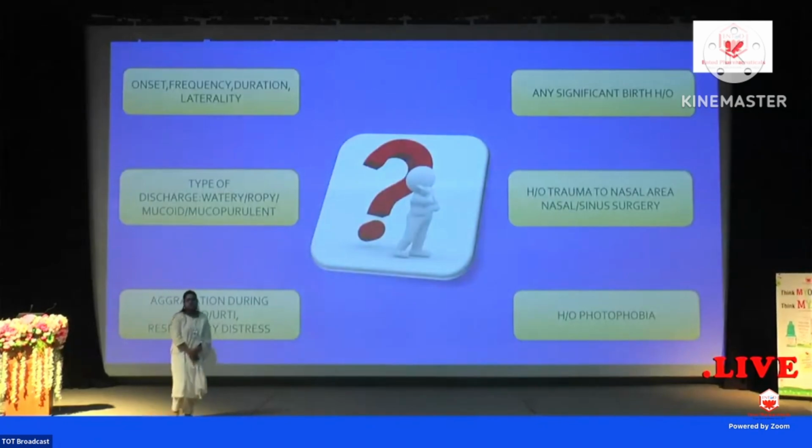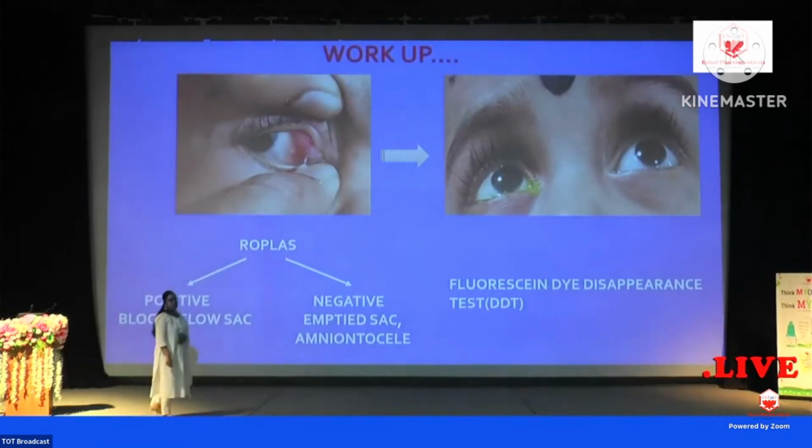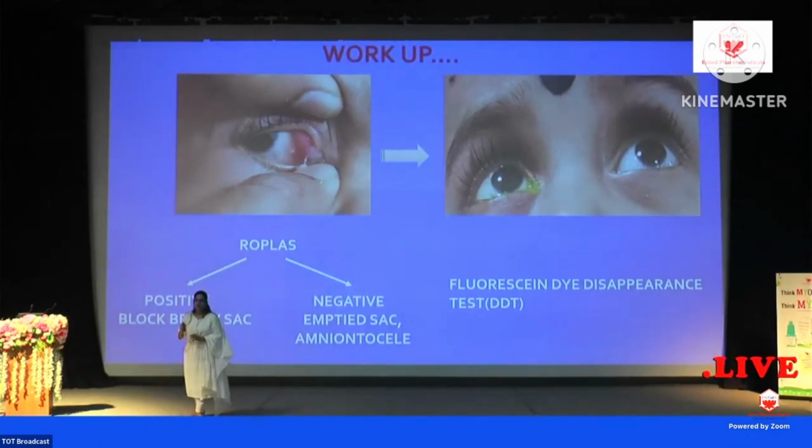Now we need to ask about the onset frequency of the symptom, the type of symptom, whether the symptom gets active associated with that infection or not, or trauma or photophobia. Now, examination is performed over there is just about the activity program regarding then it means that the law of zero the level of that.